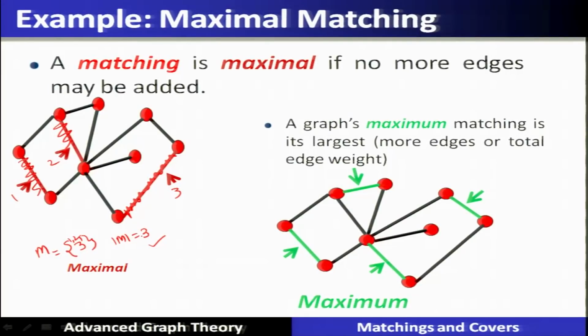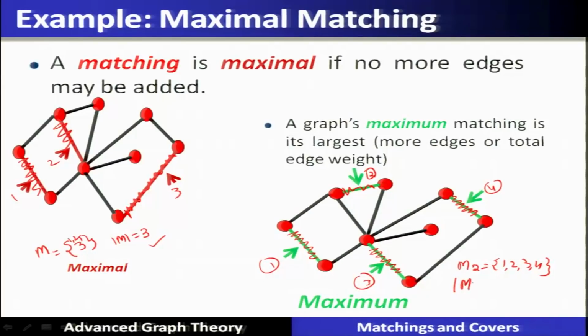In the same graph we can find another matching. Let us say this time we are including this edge, this edge, this edge and this edge. So we have obtained another matching which includes 4 different edges.